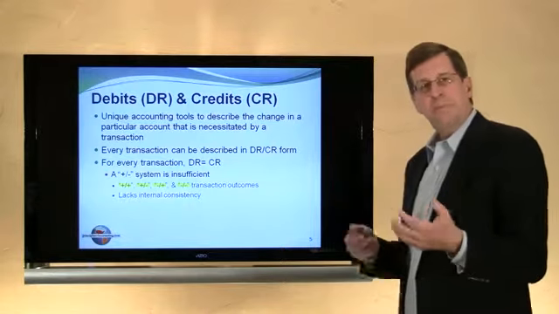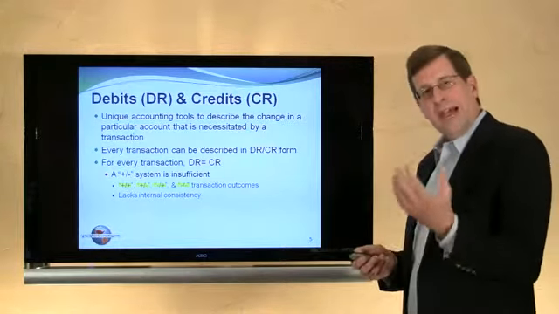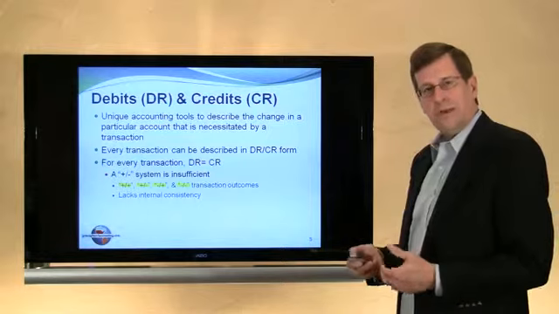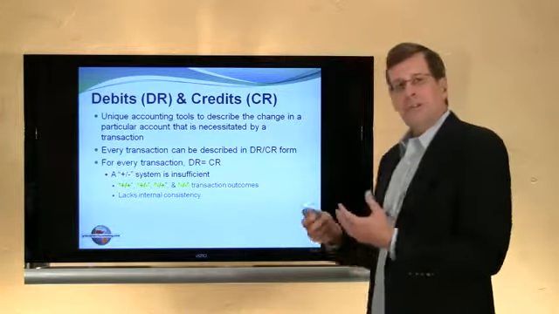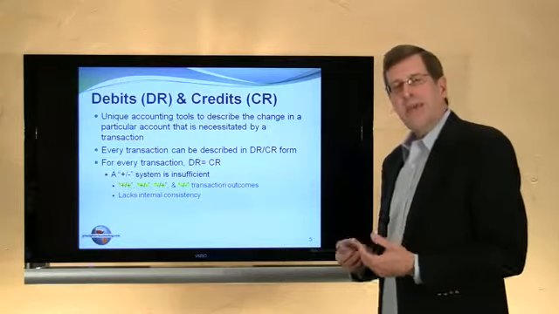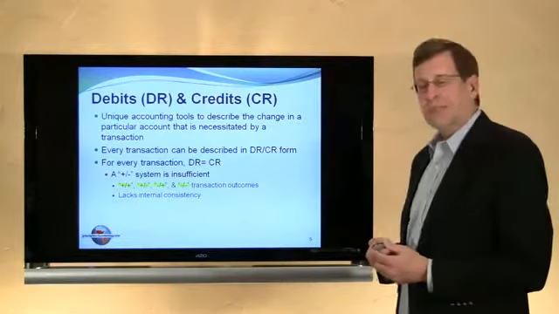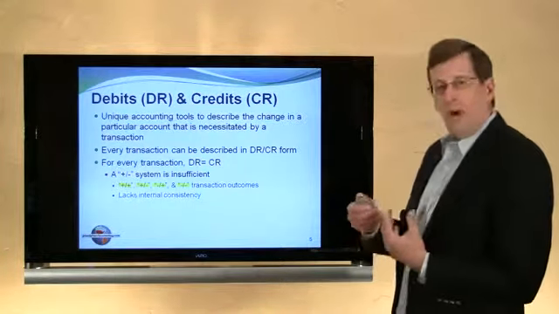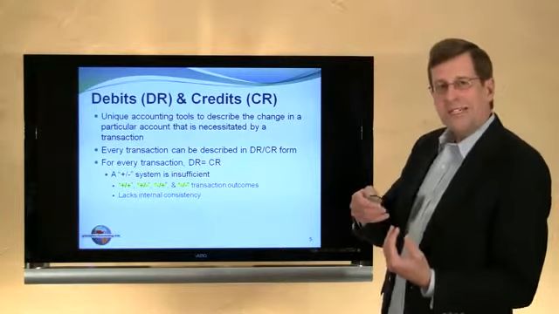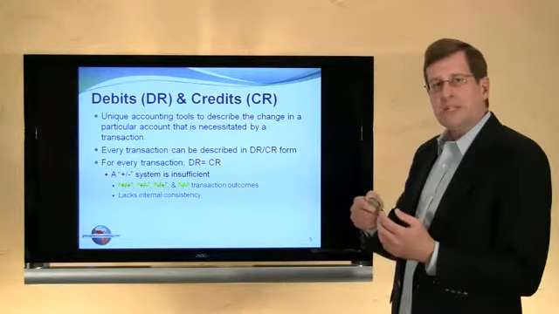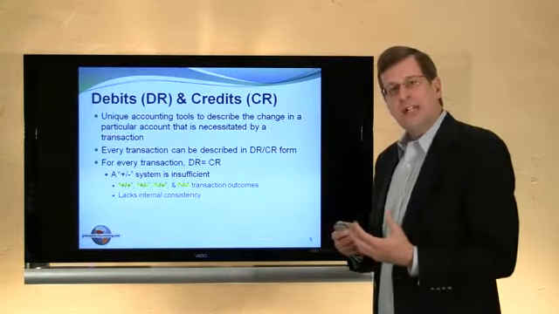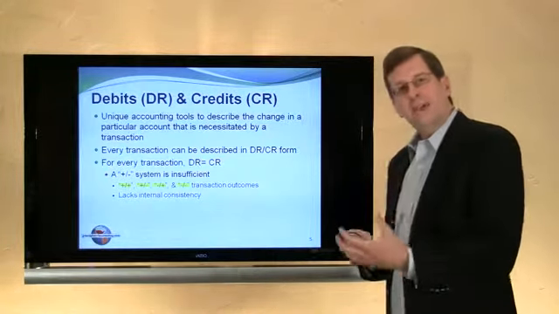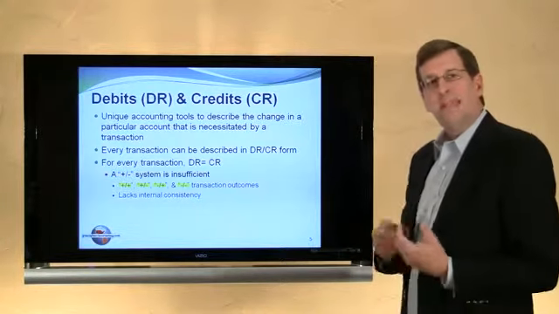If we use cash to pay off an account payable, cash goes down and accounts payable goes down. A minus-minus effect. So the reason we use a debit-credit system is because a plus-minus system doesn't maintain equality, since every transaction is plus-plus or minus-minus or plus-minus. There's a mixture. With a debit-credit system, we're going to find that every transaction can be described in a way that reflects debits equaling credits.